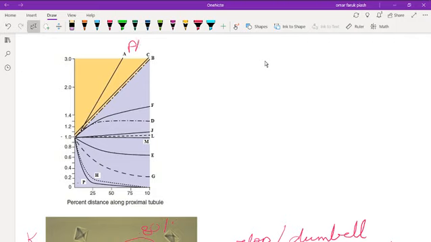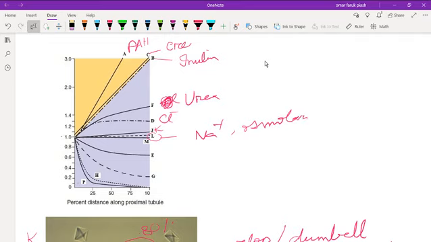In here, A is para-aminohippuric acid, C is creatinine, B is inulin, F is urea, D is chloride, J is potassium, and L is sodium and osmolarity, and this is bicarbonate, this is amino acid, and the last is glucose.